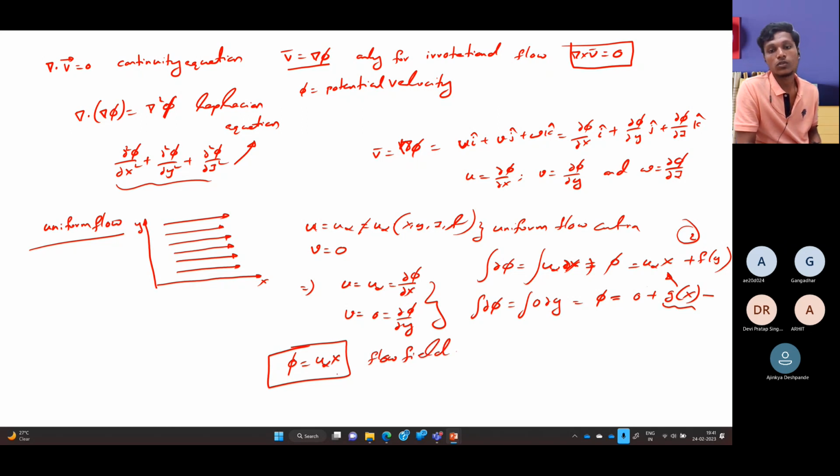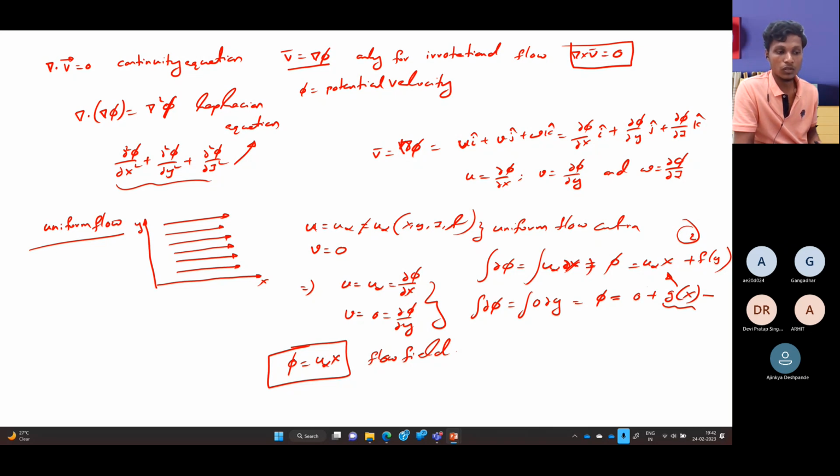Why do we need this phi equals u infinity x? What is the need of writing the velocity field in this format? We are not going to use the velocity field u equals u infinity or some other expression. We just say phi equals this, and we get a lot of information.